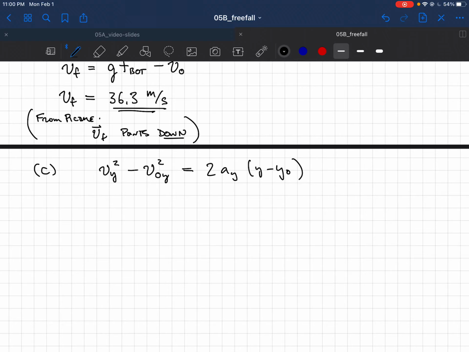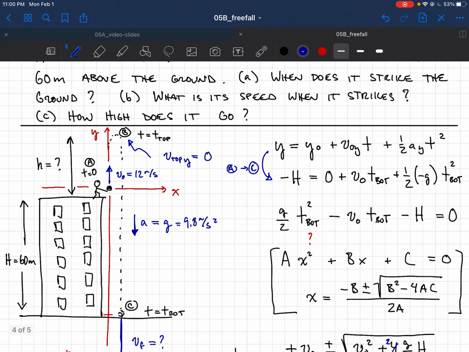So it's a combination of the position and the velocity equations that eliminates time. So let's see why that's useful. So I'm going to apply that equation, not from a to c, but now from a to b. So looking back at our picture, that means going from the throw to the peak right there.